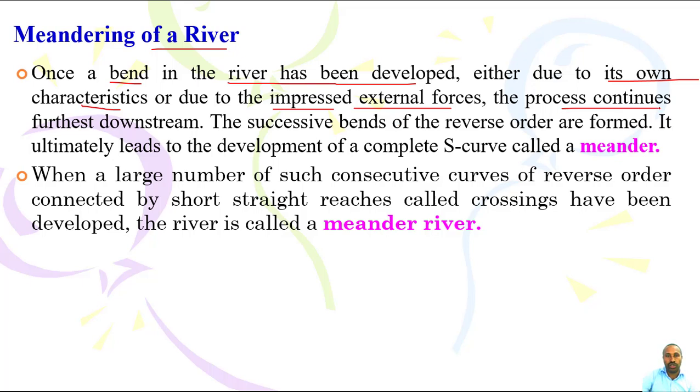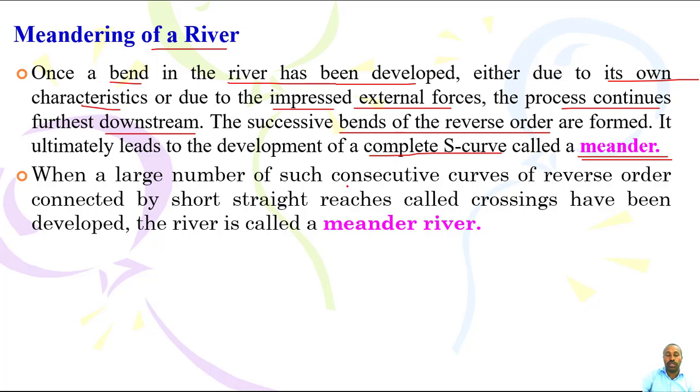The process continues farther downstream, so excessive bends of reverse order are formed. It ultimately leads to the development of an S curve, which is called meandering of a river.